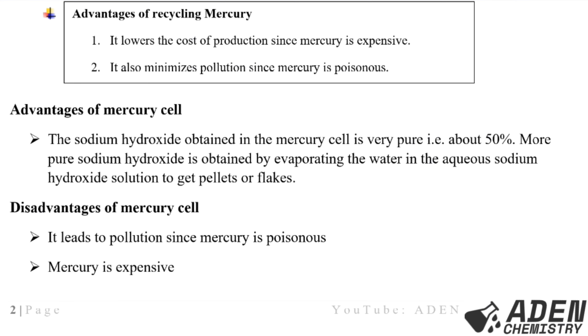So next we are going to go and see the disadvantages of the mercury cell. One, we said it leads to pollution, since mercury is poisonous. Number 2, the other disadvantage that we have is that mercury is expensive.